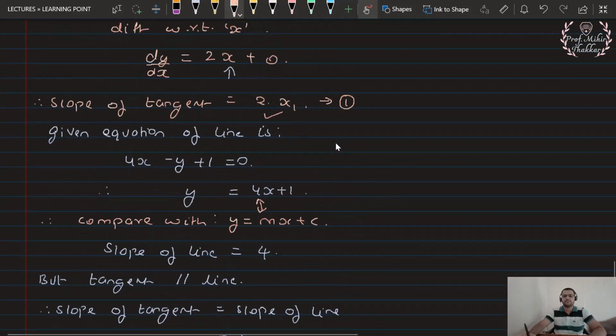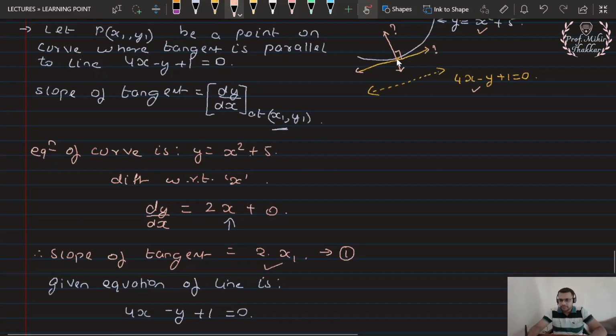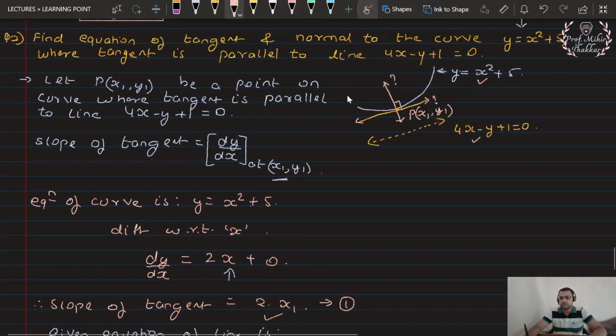After this, point P(x1, y1) lies on this particular curve, therefore the value of x1 must satisfy the required equation of the curve.